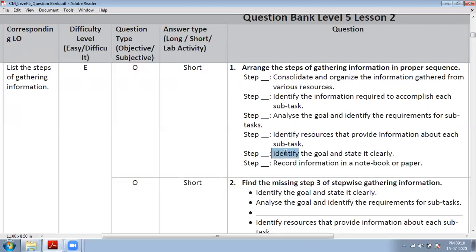So this will be step 1. After that, step 2, analyze the goal and identify the requirements for subtasks. So this is step 2. Now you have to arrange all the next steps in sequence. I hope all of you will be able to do this question.